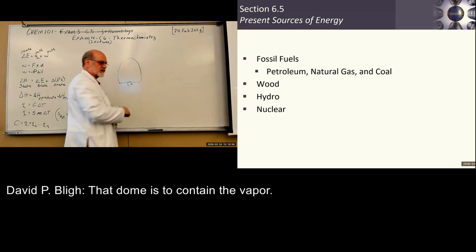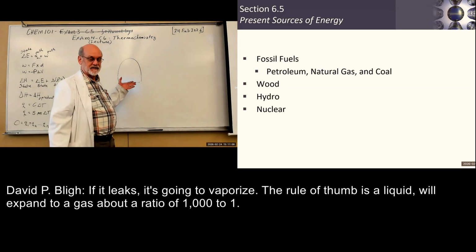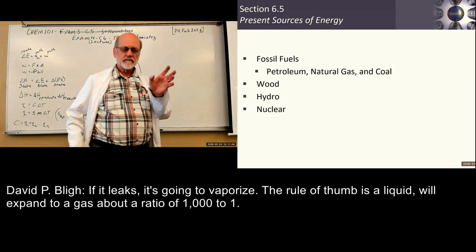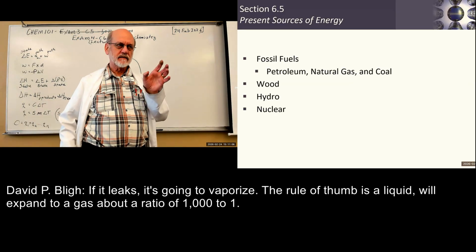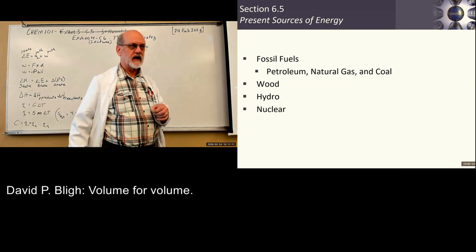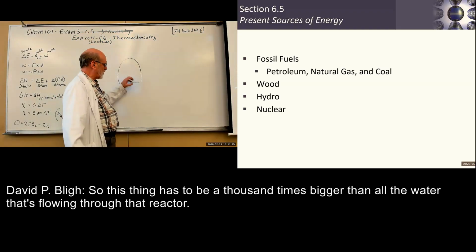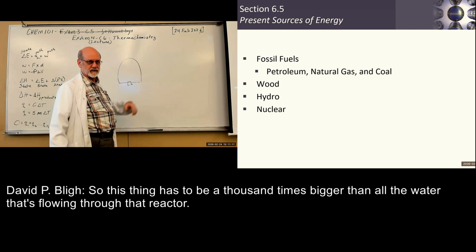That dome is to contain the vapor from a leak. If it leaks, it's going to vaporize. The rule of thumb is a liquid will expand to a gas at a ratio of about 1,000 to 1, volume for volume. So this thing has to be 1,000 times bigger than all the water that's flowing through that reactor.